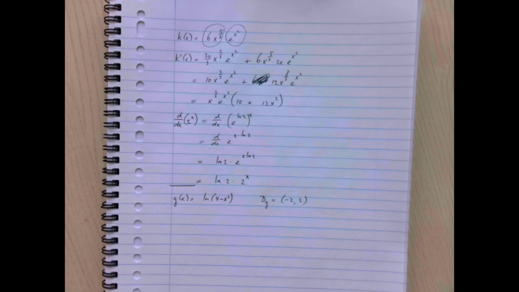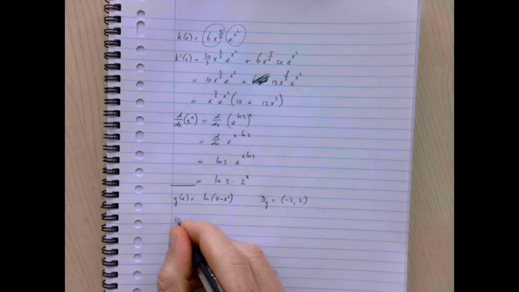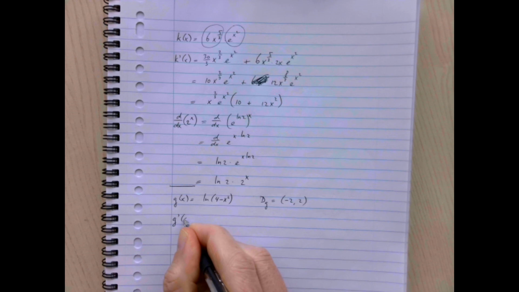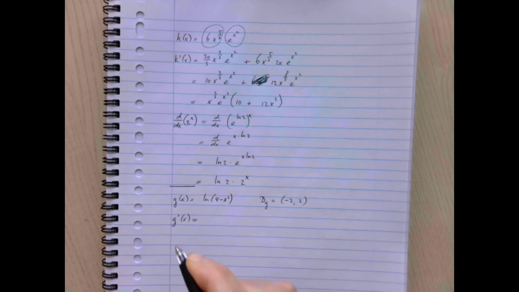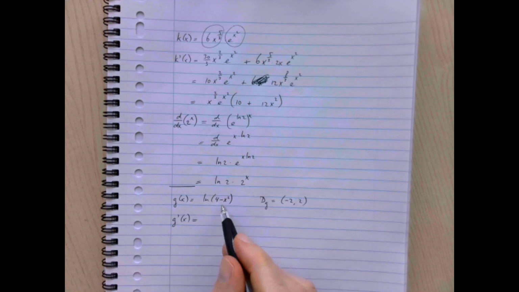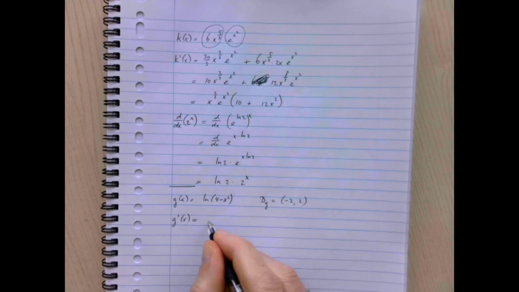So let's take the derivative of this function, g prime of x. Well, we have to use the chain rule. The interior function is 4 minus x squared, so what's the derivative of that? It's obviously minus 2x. So the derivative of the interior is minus 2x.